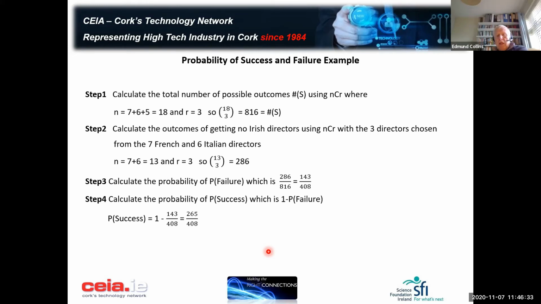That's why they keep it as a fraction. You're not getting into whether this is to 3 decimal places. So yeah, keep it as a fraction.